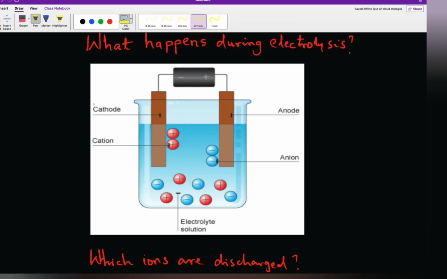We have the cathode. What is the cathode? The cathode is the negatively charged electrode. This is the anode.